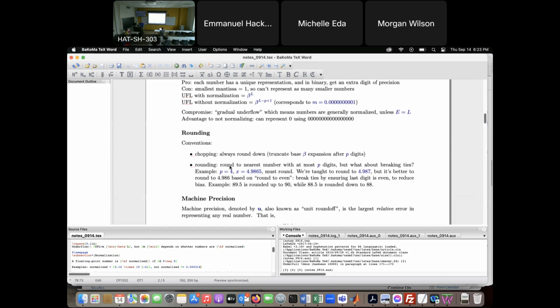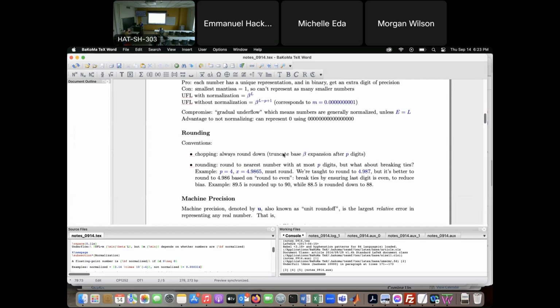Now, what computers do instead is called round to even. So it will round either up or down, depending on which one of those will cause the final digit in the expansion to be even.